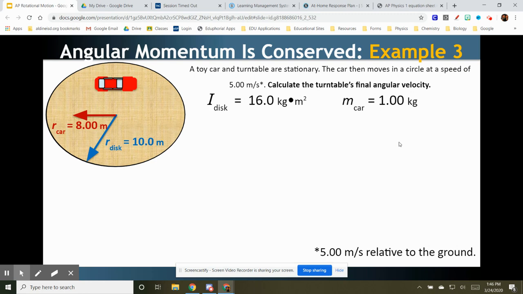We're given the radius of the car, the radius of the disk. We have the moment of inertia for the disk, and we have the mass of the car.